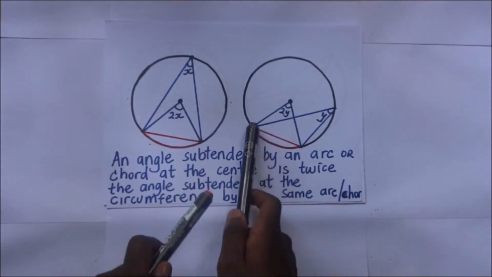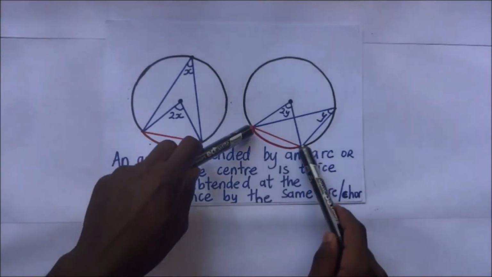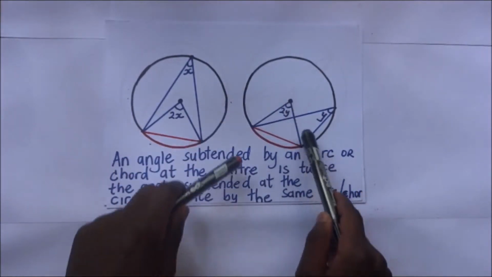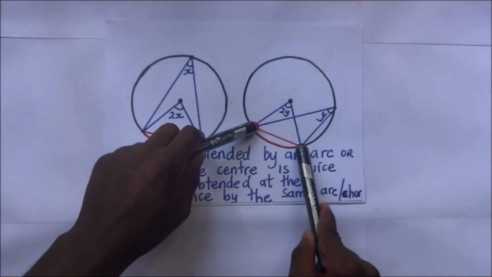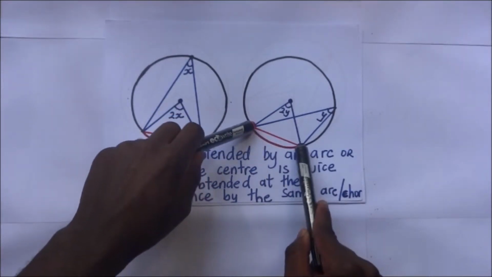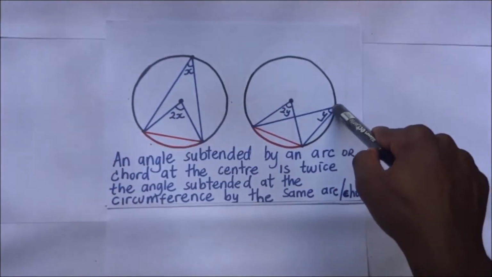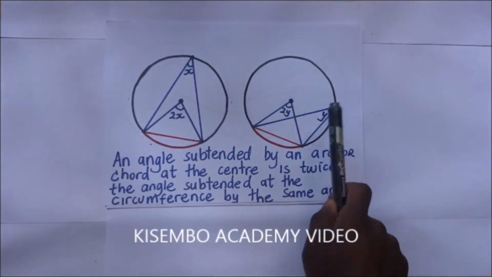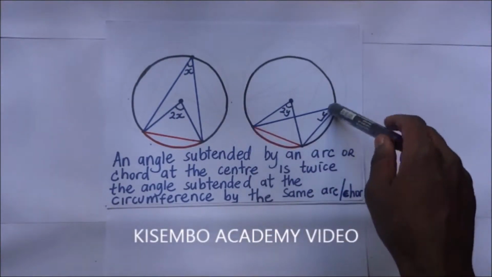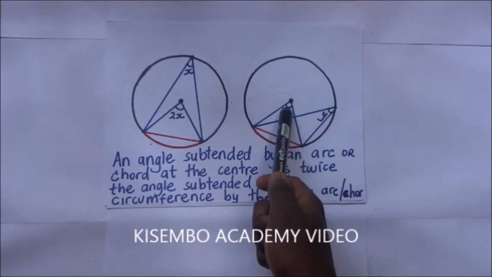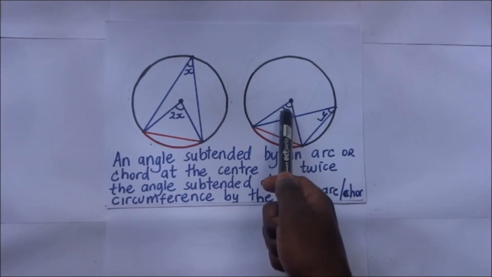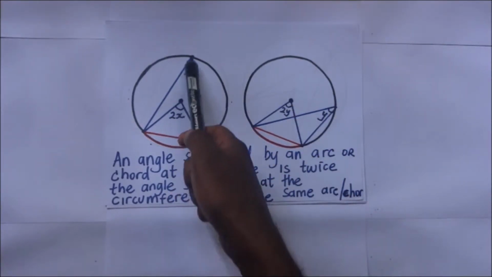Just like we are seeing a chord here, it is subtending a certain angle at the center, and this same chord is subtending another angle at the circumference. So if the angle subtended at the circumference is y, then the one subtended at the center is twice that one.